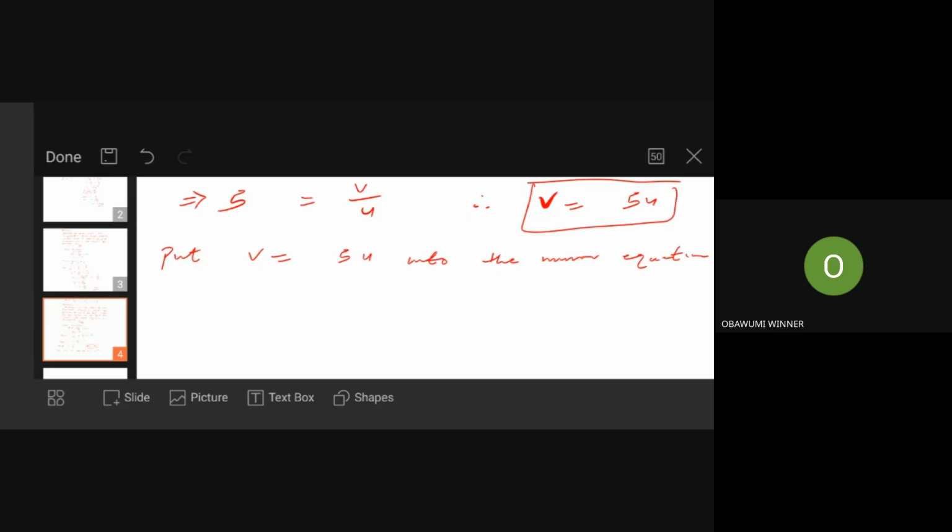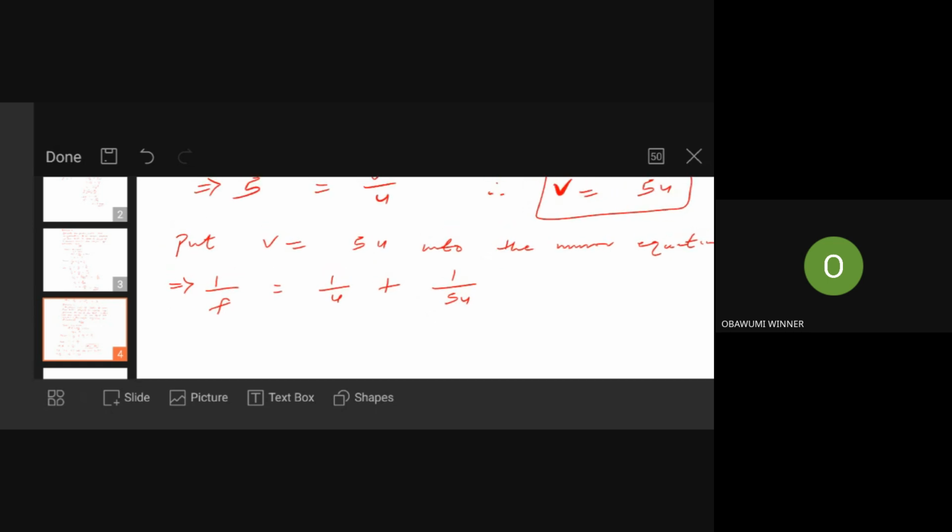We can say that 1 all over f is equal to 1 all over u plus 1 all over v, which is now 5u. So from here, what I'm going to do is to find the LCM.